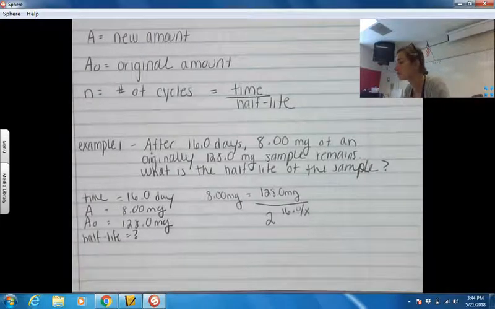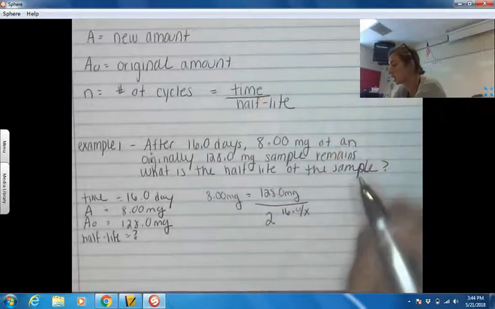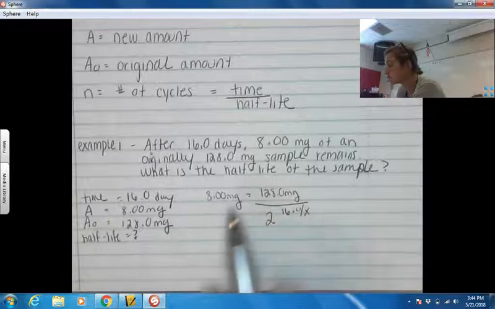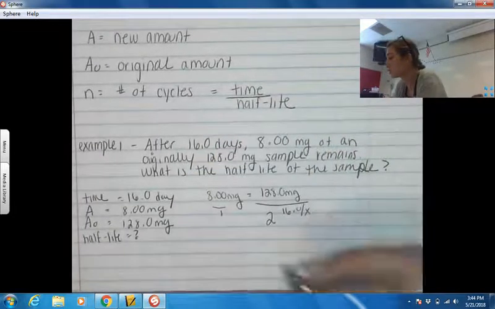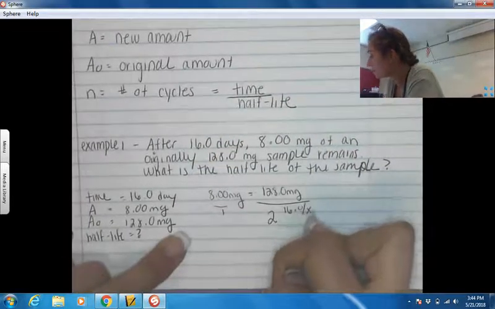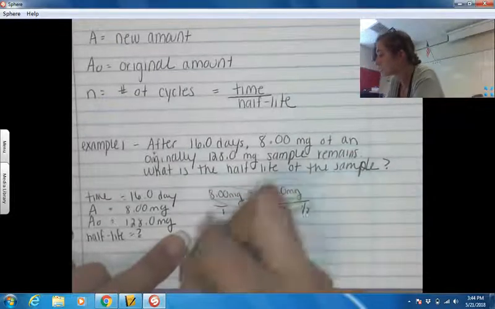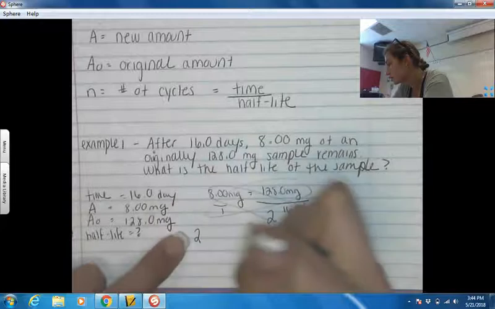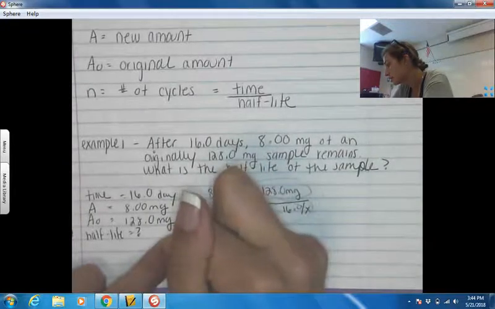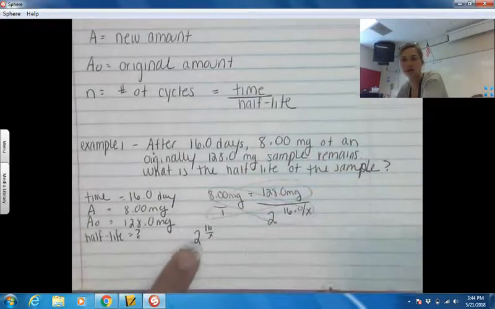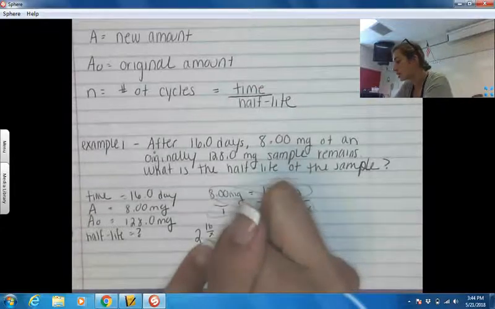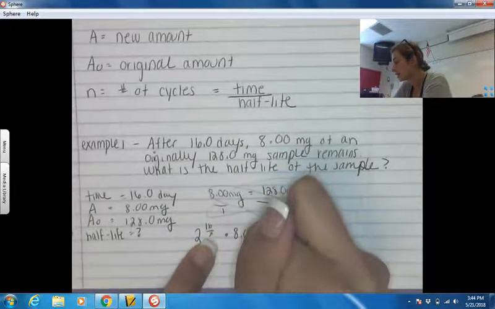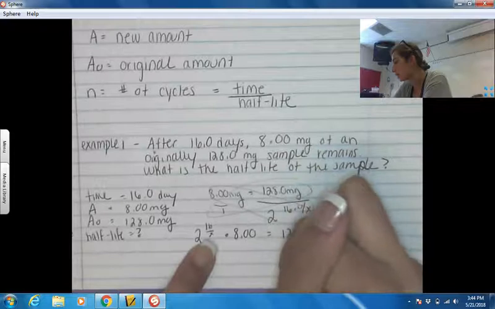So my suggestion is to first do some cross multiplication here. I'm going to put this over 1, and so I'm going to get this is equal to that right there. So I'm going to have 2 raised to the 16 over x times 8 is equal to 128 milligrams.